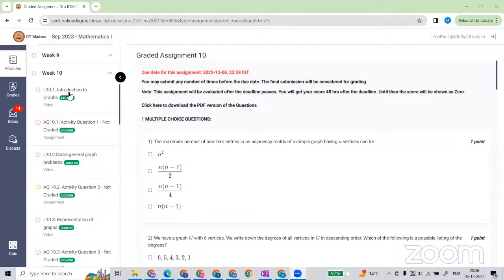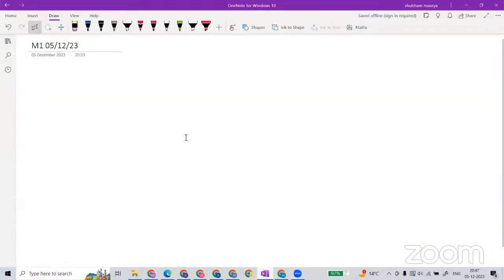Okay, so let's start the session. So in graph theory, please give the summary of each thing.